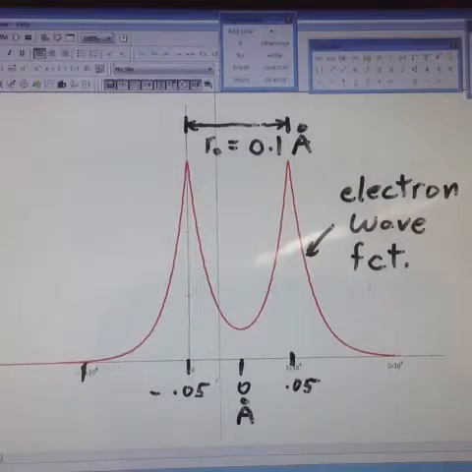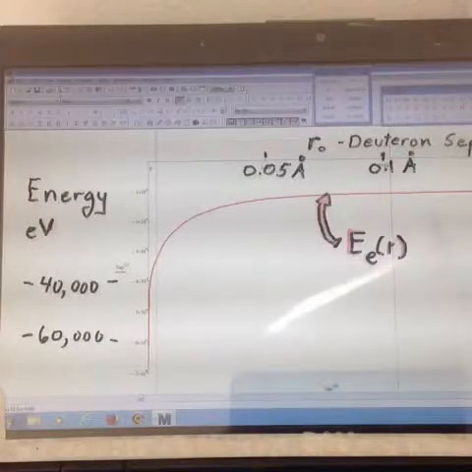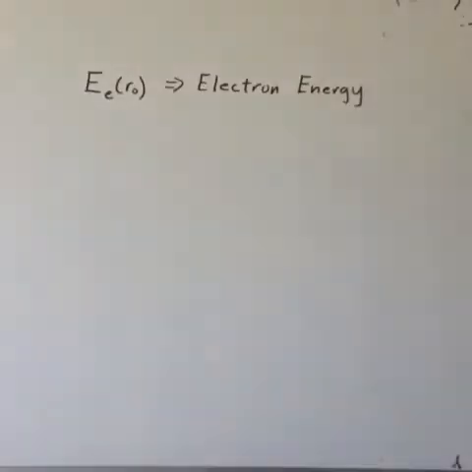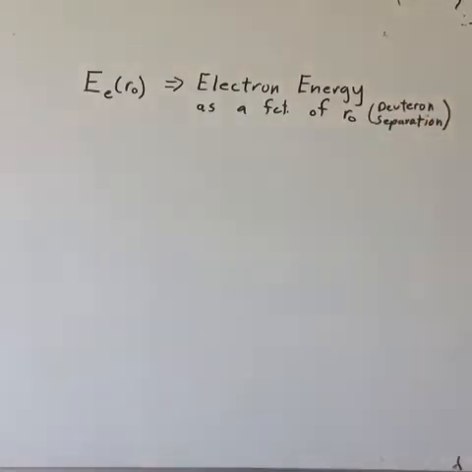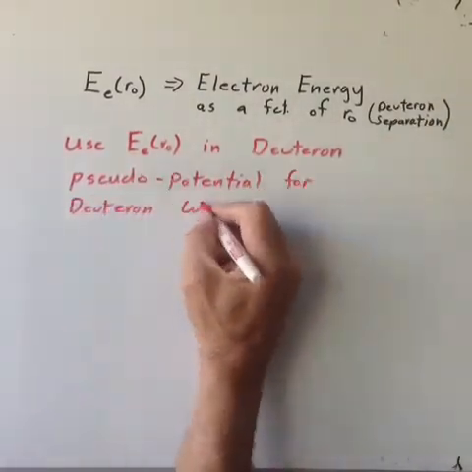We can then generate a graph of electron energy versus deuteron separation, as shown here. As the deuterons approach within 5 Fermi, the electron energy is about 70,000 electron volts. Next time, we will use this energy separation curve to generate the pseudopotential in order to solve the deuteron wave equation.